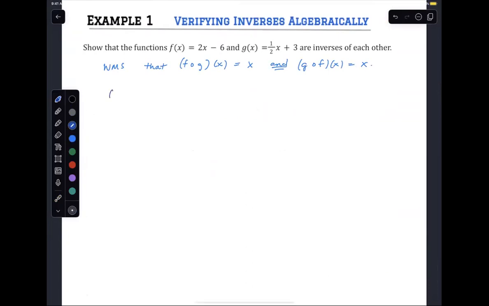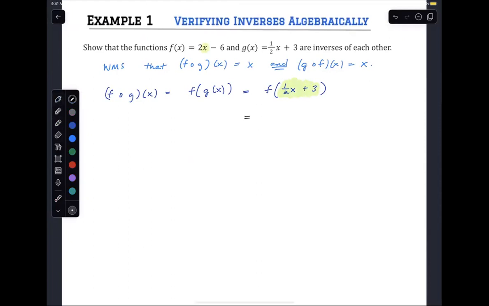So let's start with f. So f composed with g of x is equal to f of g of x, and g of x they told us was 1/2 x plus 3. So I'm going to take this, and in the f of x function, wherever there's an x, I'm going to replace it with the 1/2 x plus 3.